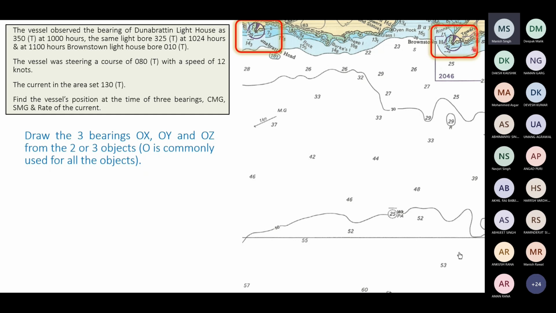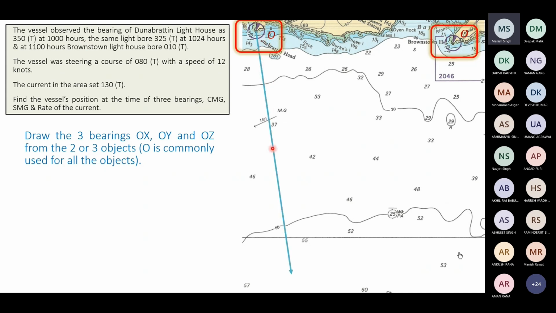So these are the two objects used for giving us the bearings. Now in the first step, we will plot these three bearings on the chart. The first bearing is 350 at 1000 hours. So let's name the object, both the lighthouses, as O.